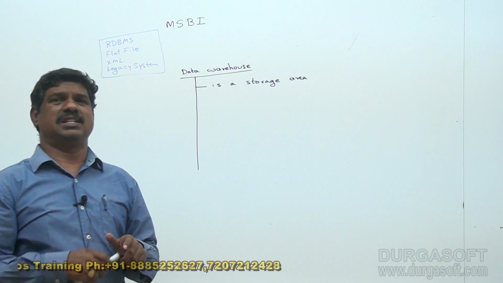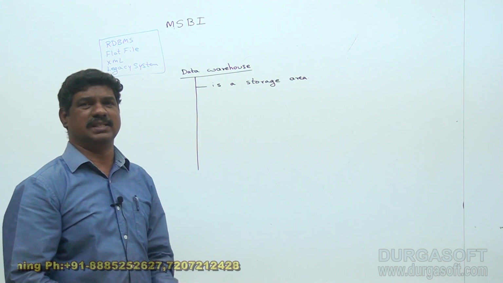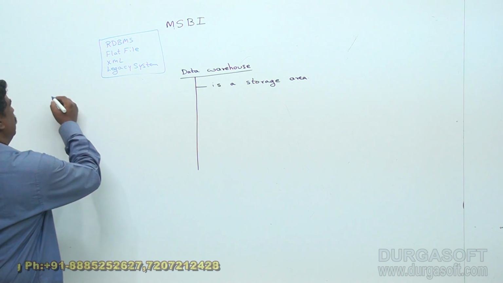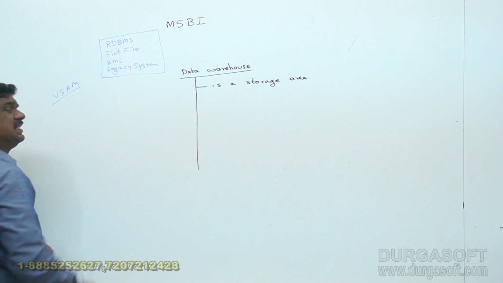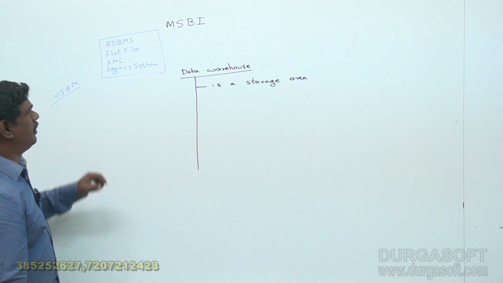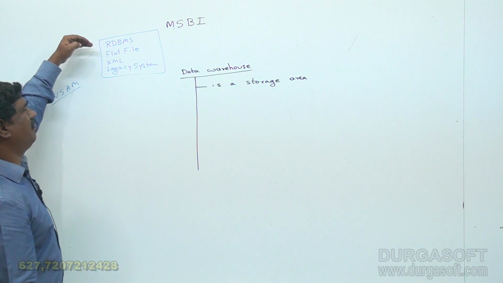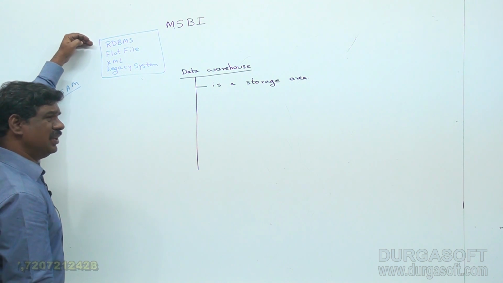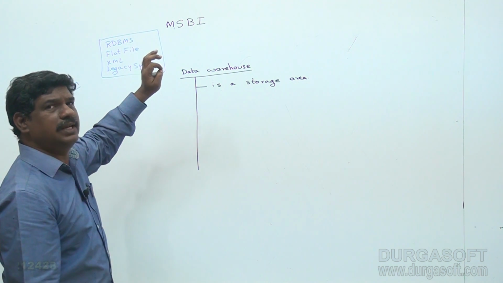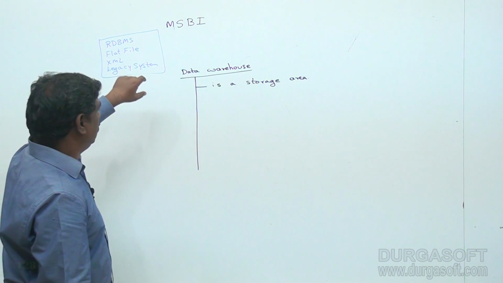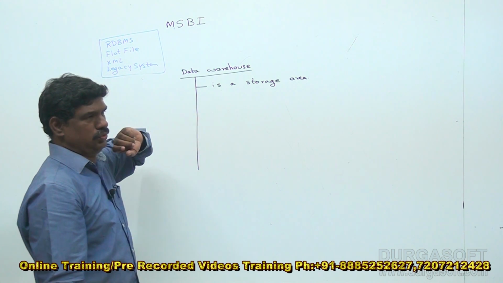A legacy system is nothing but mainframes, and mainframes mainly have a file system. Those files are represented as VSAM files. So it may be mainframe VSAM files, or XML, or flat files, or an RDBMS system. RDBMS means it is not only RDBMS, it can even be ORDBMS. Any of these is used in the form of a data warehouse.